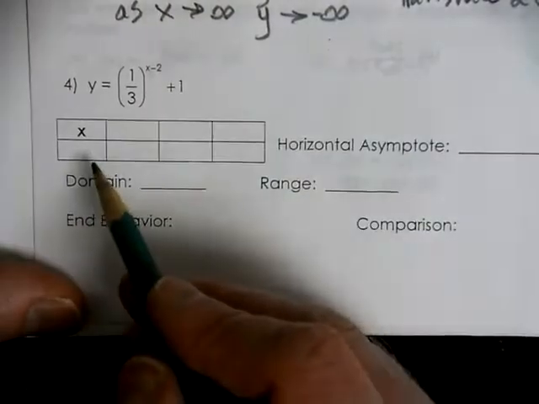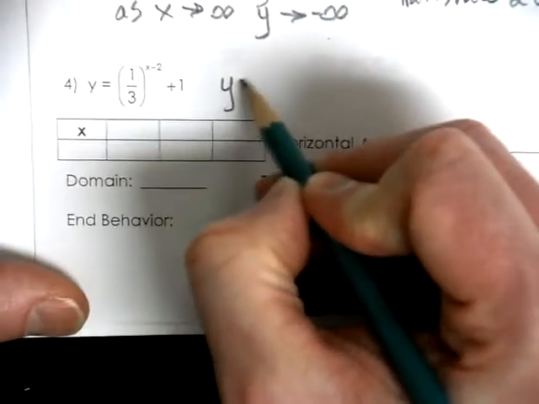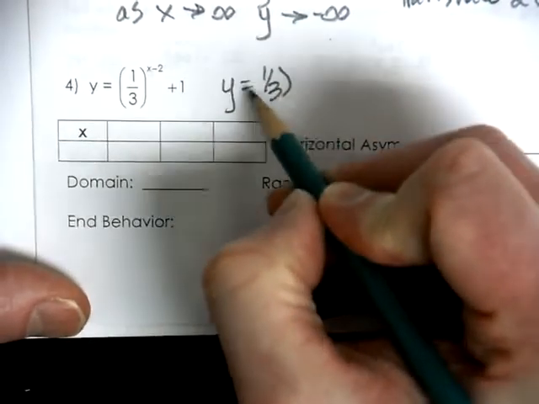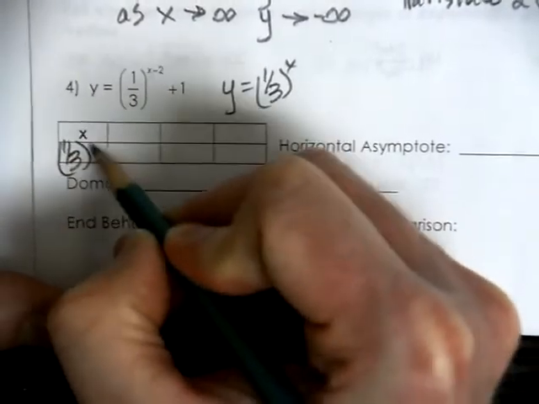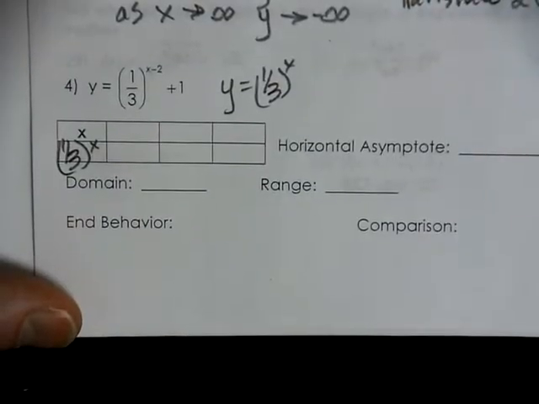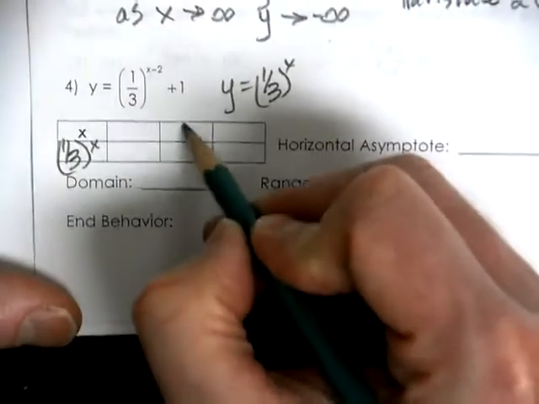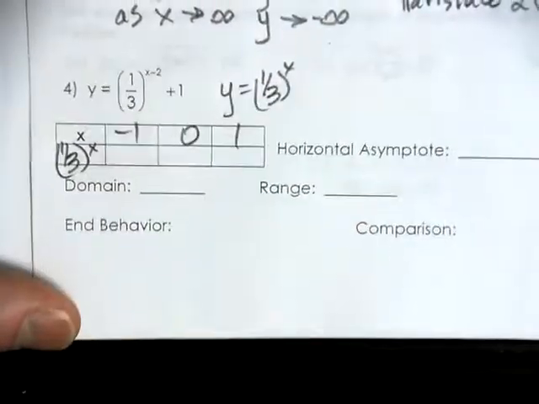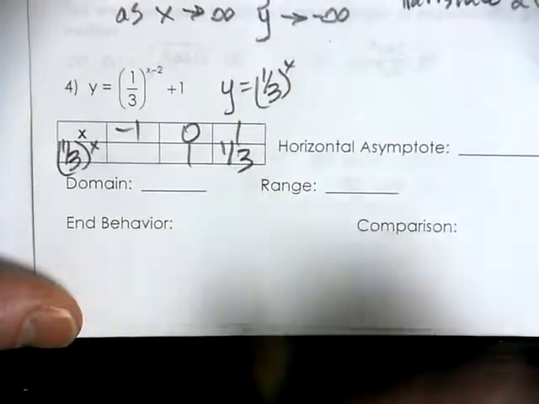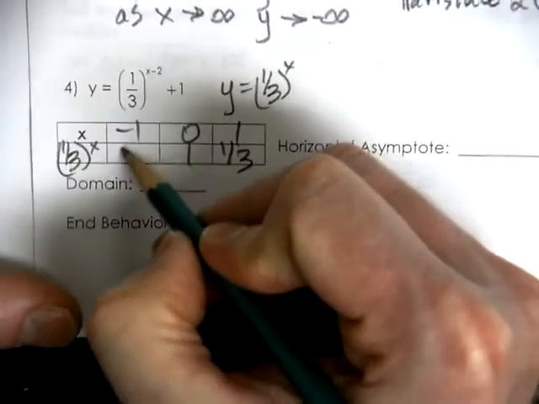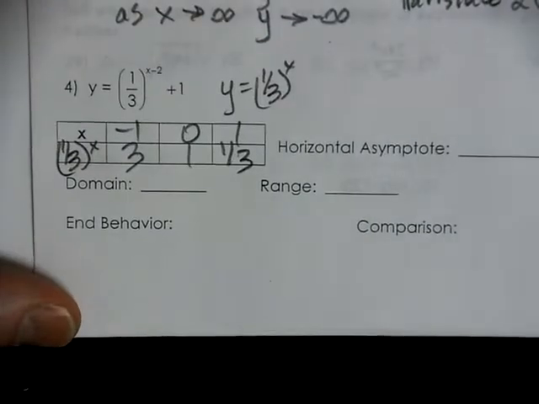So here, we're going to do the same idea of limiting this down to just the parent function. So we're going to do 1/3 to the x power. So we pick values for x. When it's 0, you get 1. When it's 1, you get the base. And when it's -1, you get the reciprocal. So we'll graph those.